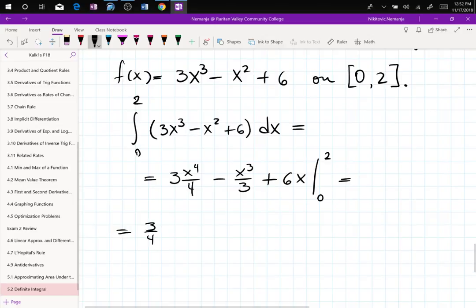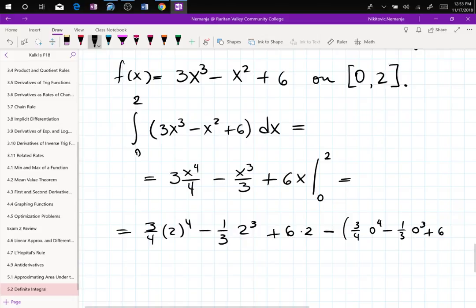So we have 3/4, 2 to the 4th, minus 1/3, 2 cubed, plus 6 times 2, minus everything computed at 0. So 3/4, 0 to the 4th, minus 1/3, 0 cubed, plus 6 times 0.